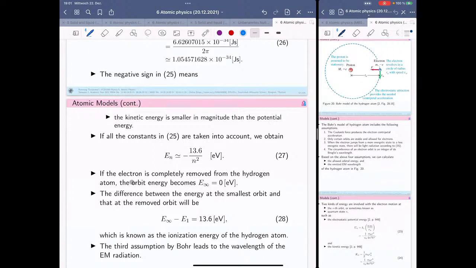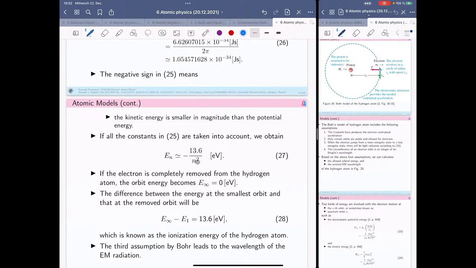And the next thing is the electron being completely removed from the hydrogen atom. It means that the orbit or state of the electron is very, very far from the nucleus, and that state would take n to be a very, very large value, some kind of infinity.